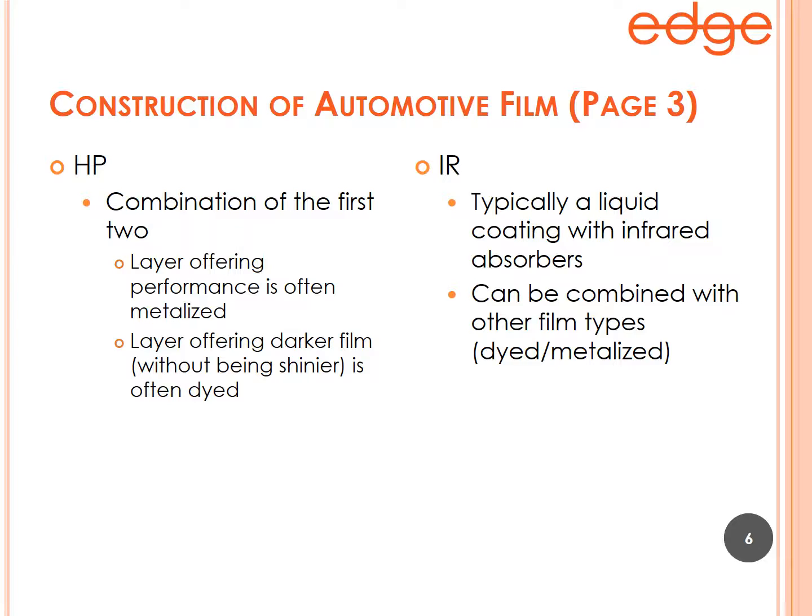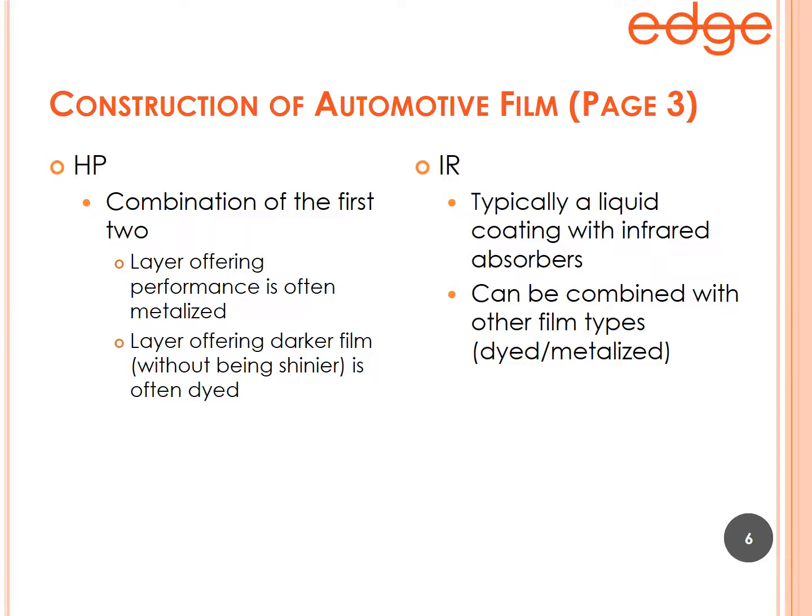And so the layer in these multiple layer films, the layer that offers the performance is often a metallized layer. The layer that offers a darker film without being shinier is often a dyed layer. So if you consider the previous graph, an HP film has the limitations of having in it a portion of dyed film which has non-performing additives, and in addition with that it has a metallized film which has performing additives, so the performance will be better.